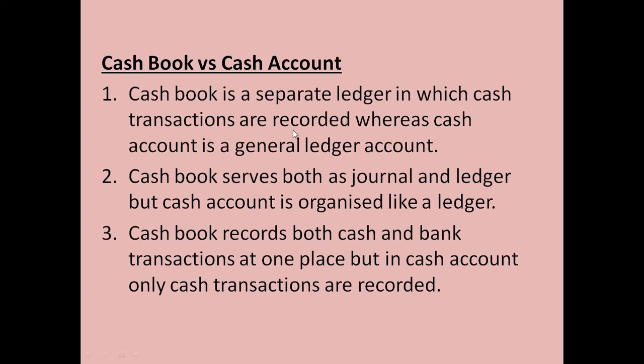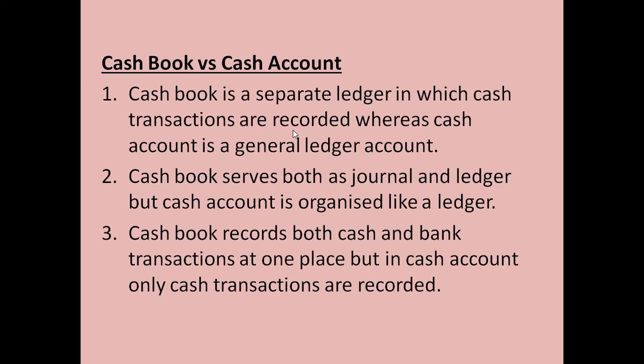But cash account is a general ledger account. By general ledger account, we mean a type of ledger account which we prepare out of the journal entries, just like we prepared in the previous chapter, that is journal and ledger.